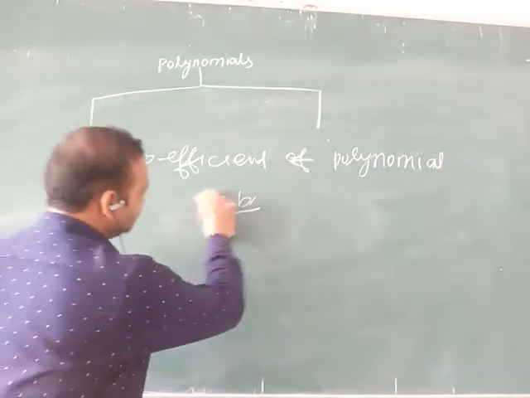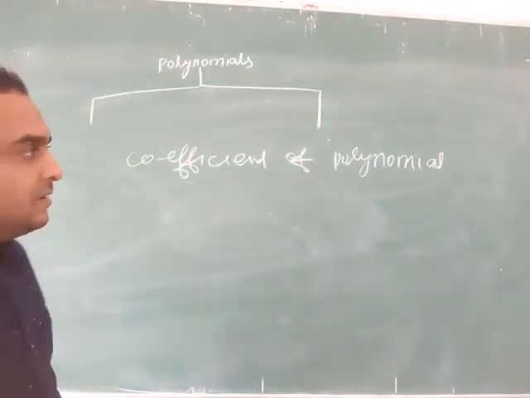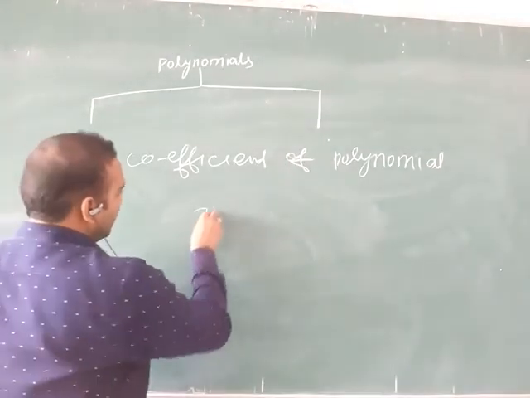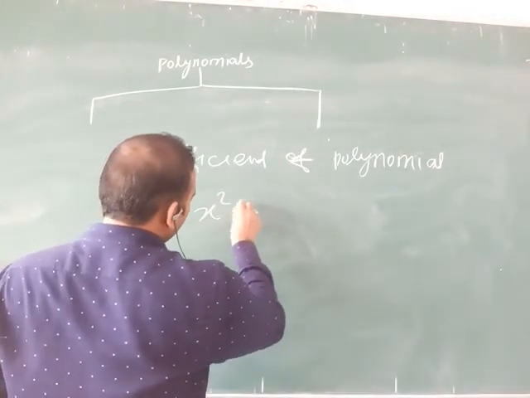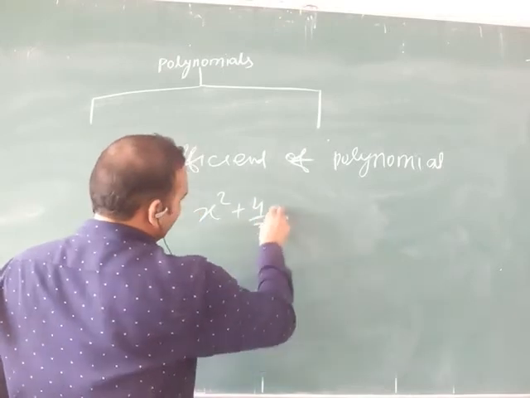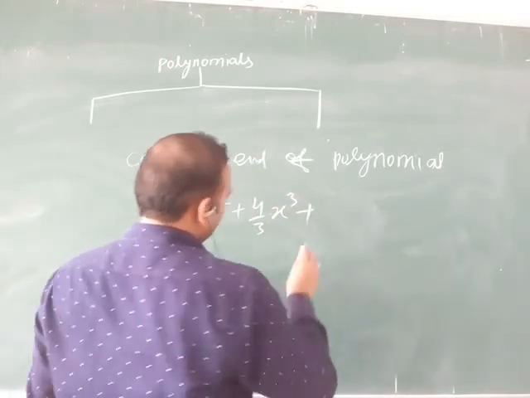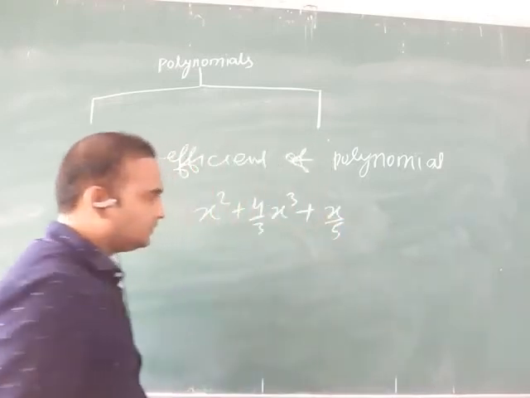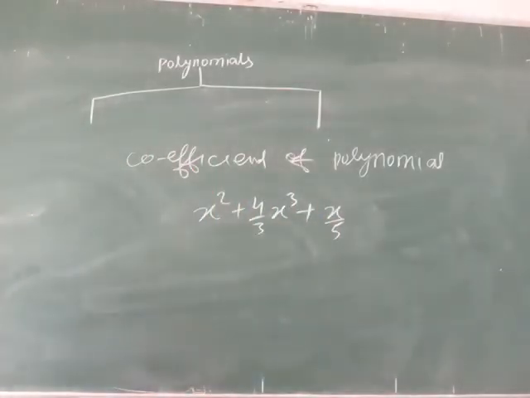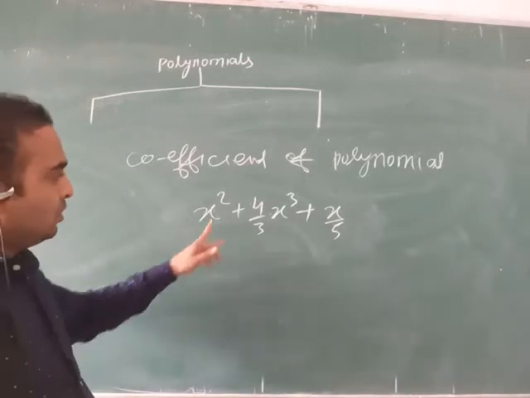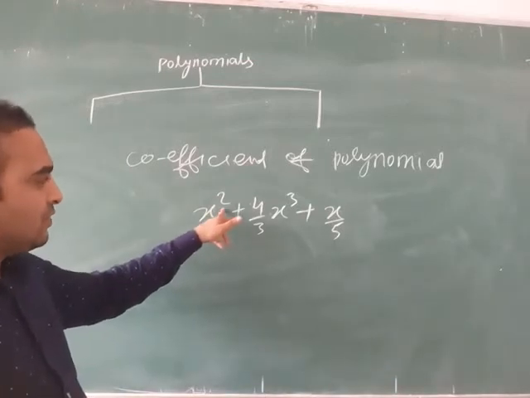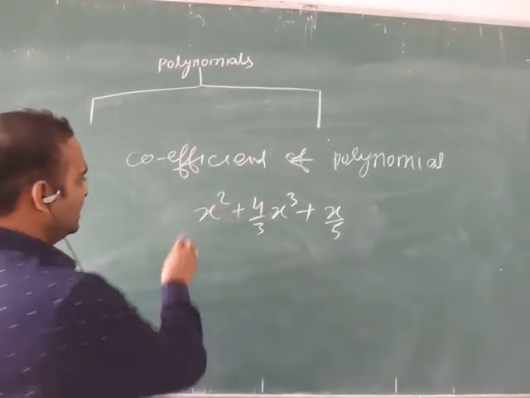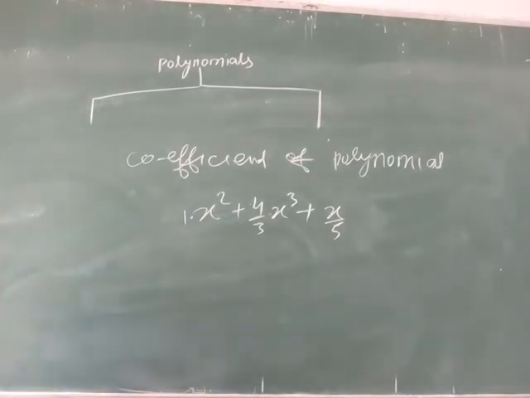Similarly, if we have an algebraic expression x square, 4 by 3 x cube plus x by 5. Now, what is the coefficient of x square? That is 1.